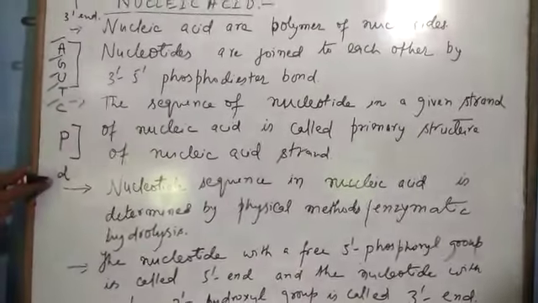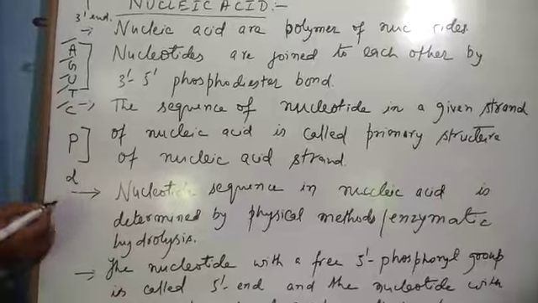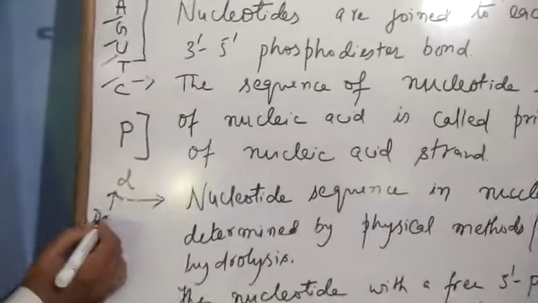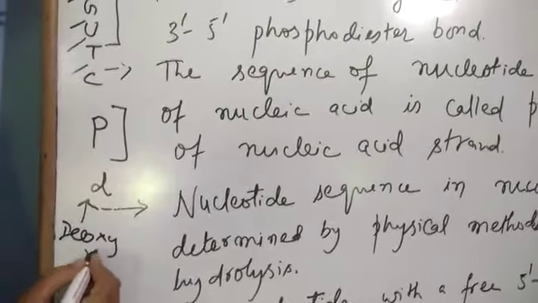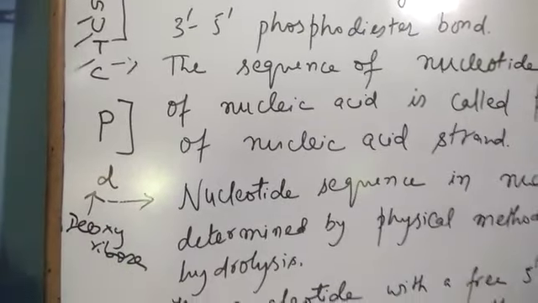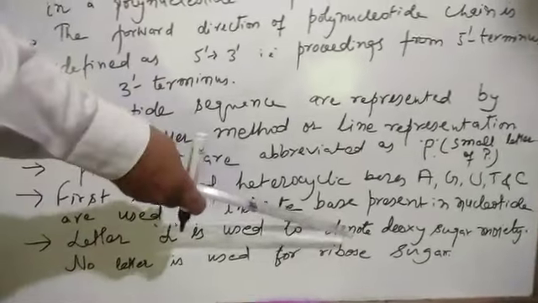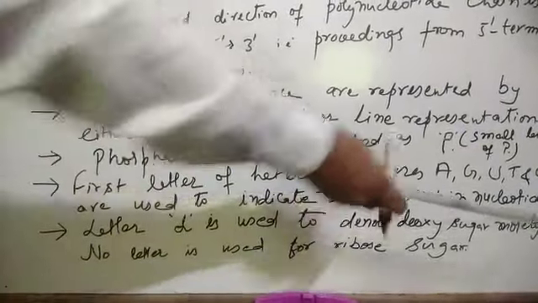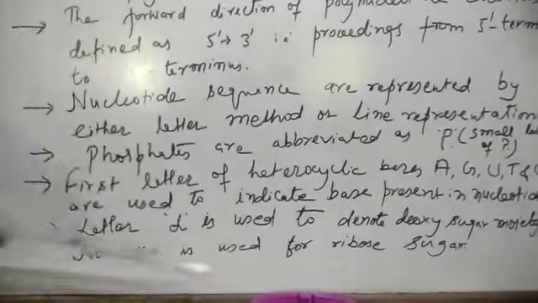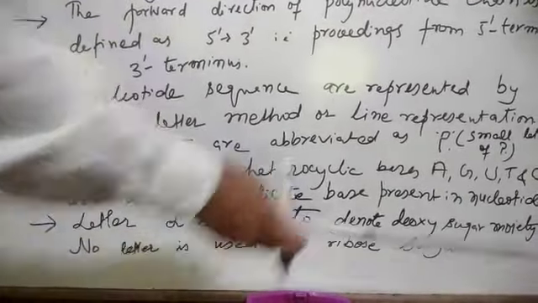D for deoxyribose. And this is the last statement: the letter d is used to denote the deoxy sugar moiety. No letter is used for ribose sugar.